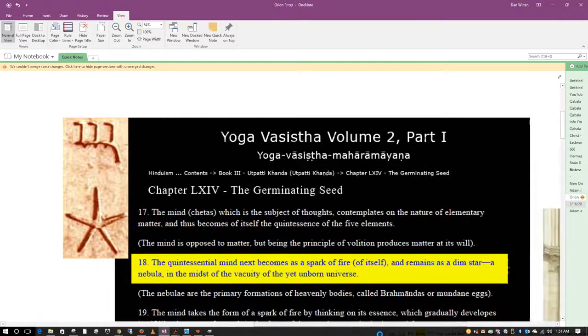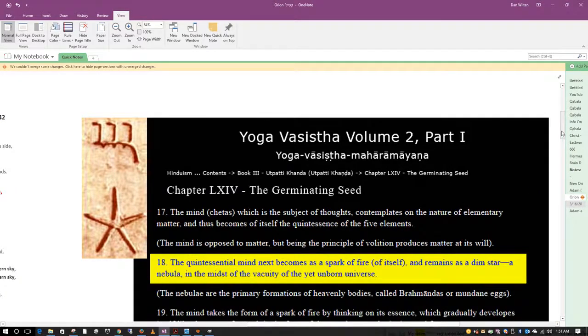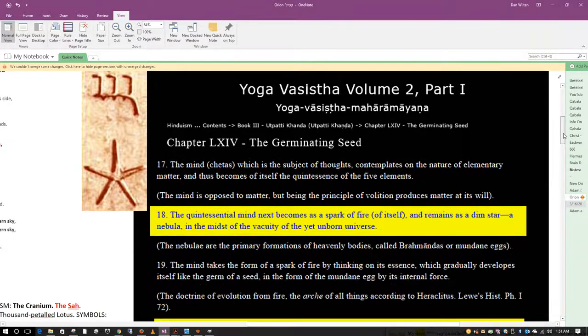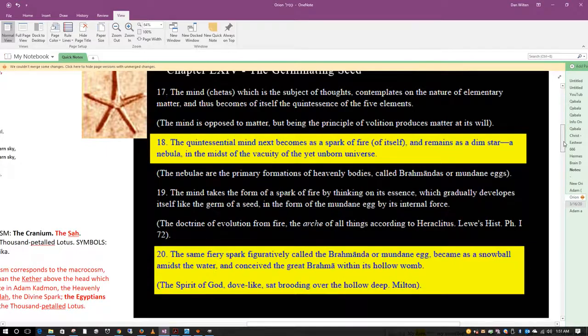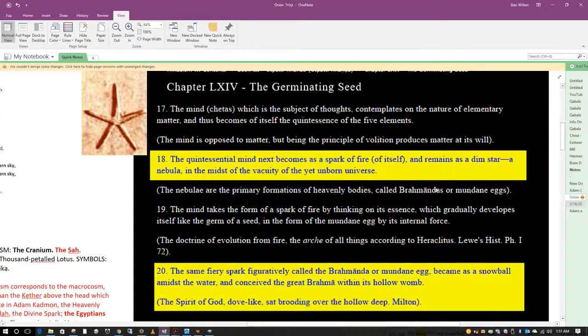Well, if you take a look at the Yoga Vasistha Hindu texts called the germinating seed, I've got these two areas highlighted here for you. Well, it says the mind, which is the subject of the thoughts, contemplates on the nature of elementary matter and thus becomes of itself the quintessence of 5 elements. The mind is opposed to matter, but being the principle of volition produces matter at its will.